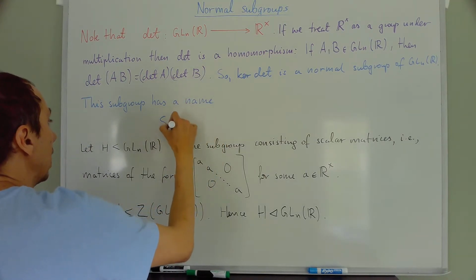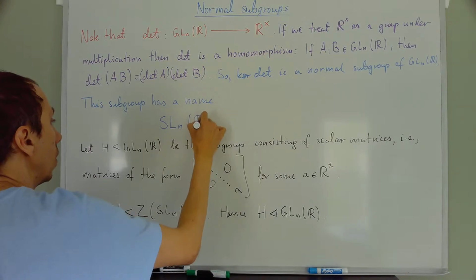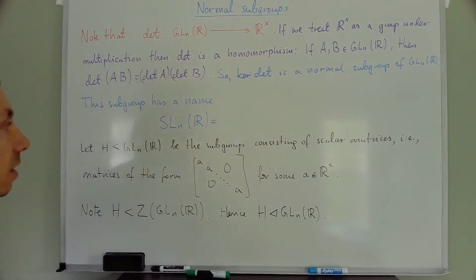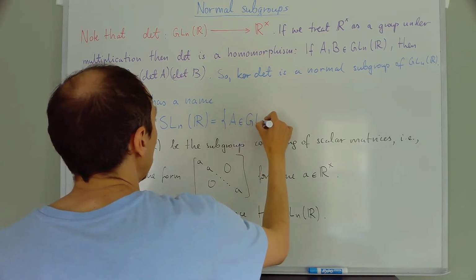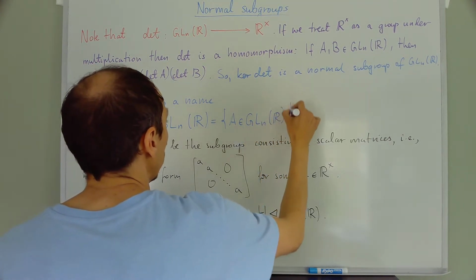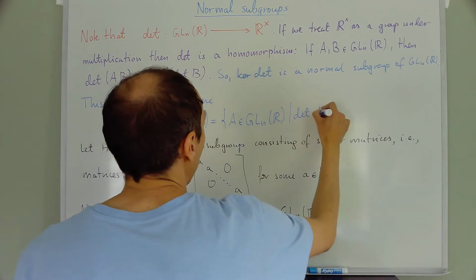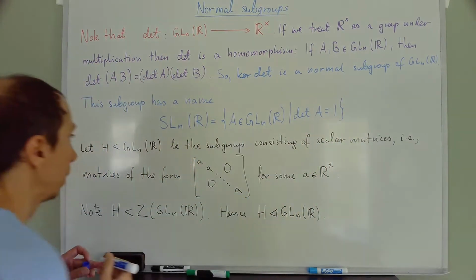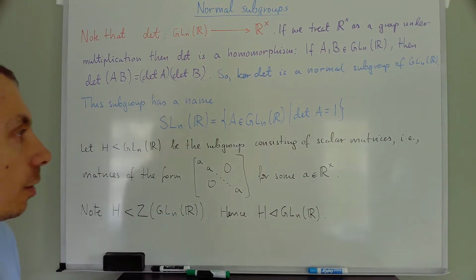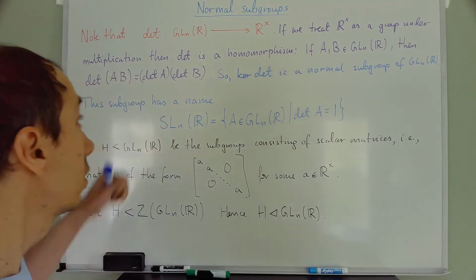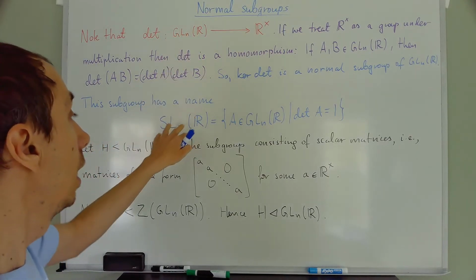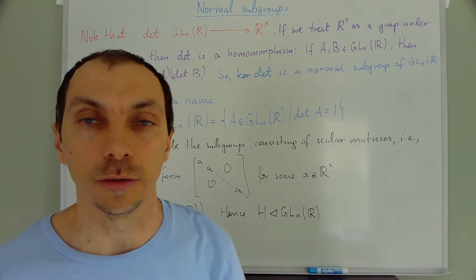It's called SL_n of R. And this is nothing else but all the matrices inside GL_n which have determinant 1. There are sometimes even descriptive names for these things. This is called the general linear group, and this is called the special linear group.